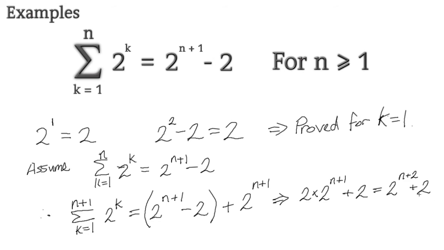Don't forget the take 2. And with that said, we can factorize out this 2 to the n plus 2 into 2 to the n plus 1 in brackets, take 2.